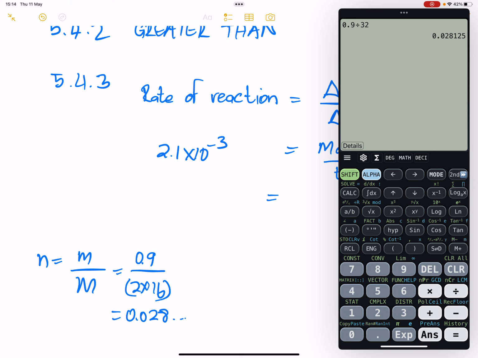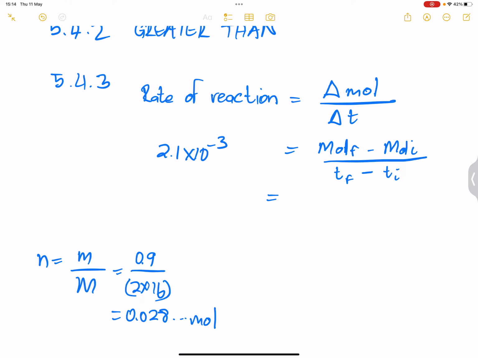This is moles, right? So I'm going to take that value, 0.028, minus 0, divided by t minus 0.